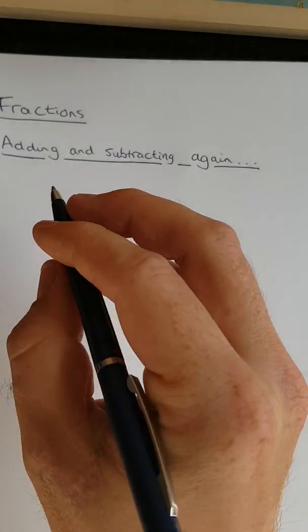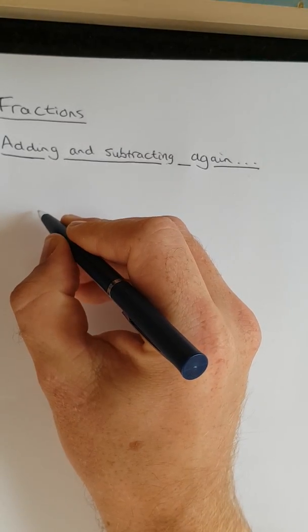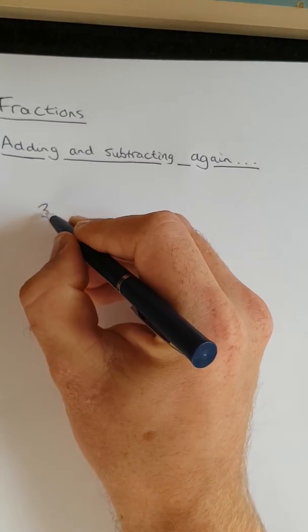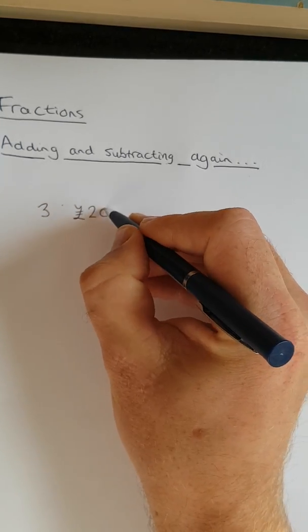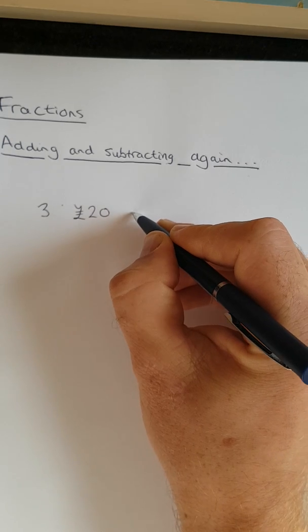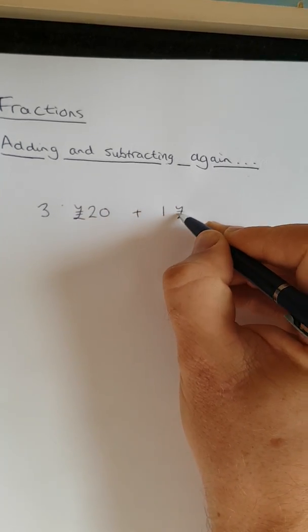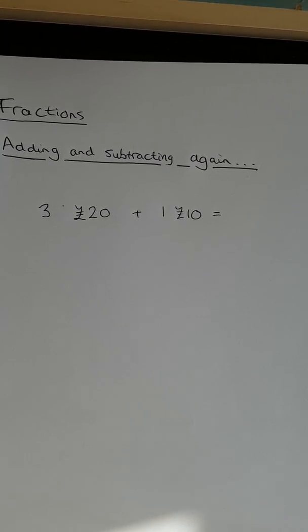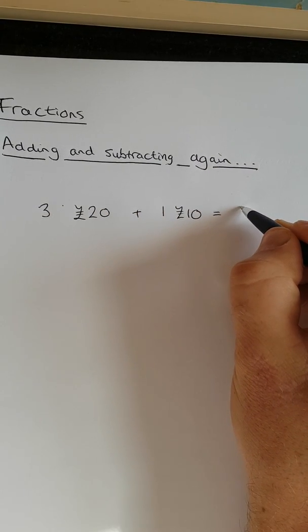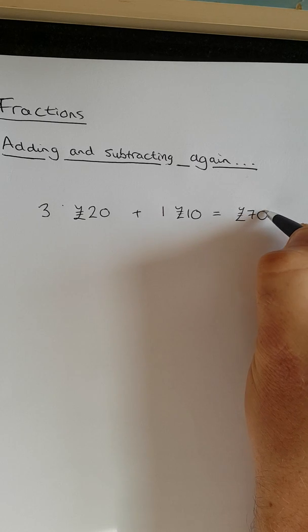So, if I've got 3 £20 notes and 1 £10 note, you can describe that as £70.